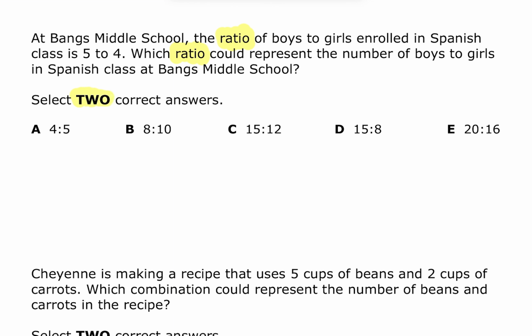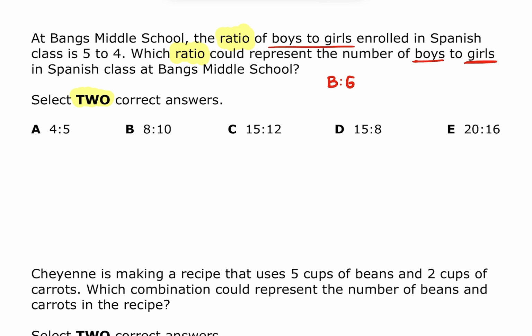So this one's a little bit different. So it says which ratio could be boys to girls. So we know we are going to be doing boys to girls because it says the order. Okay, and up here it says boys to girls, but it doesn't say how many boys and girls.